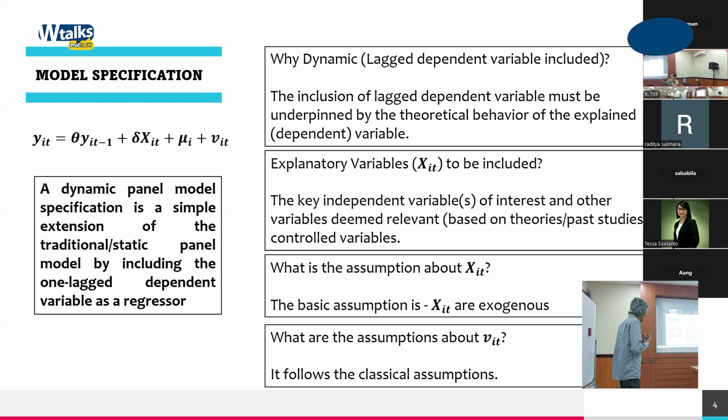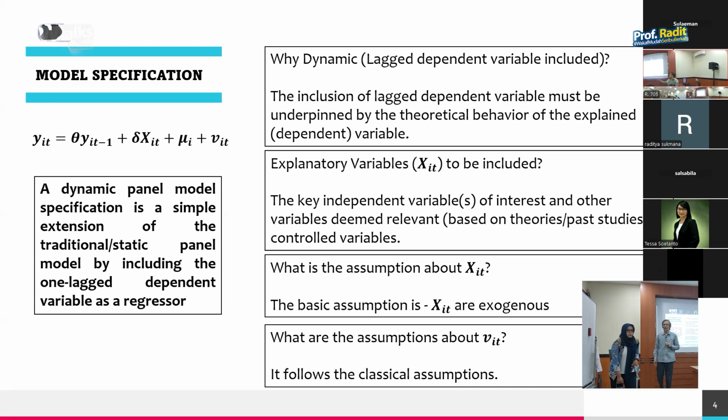And of course, the one that needs to be included is basically the key independent variable of your interest, right? You have to look at the key independent variable of your interest, right? And that one, of course, must be included because that's your hypothesis that you want to test. I think I'll just give the examples that I listened to yesterday.